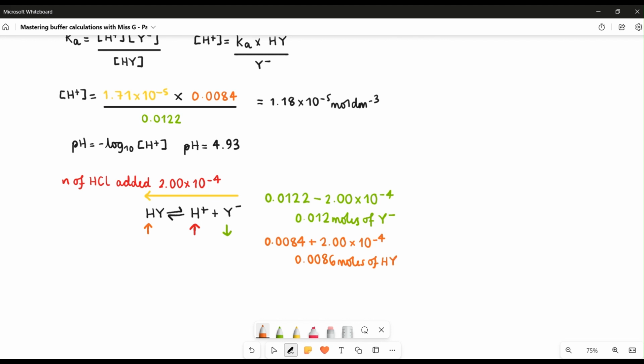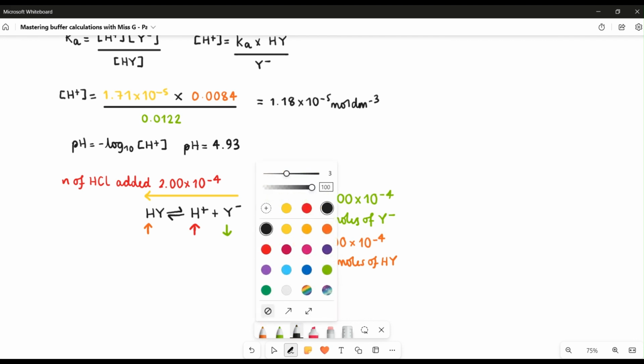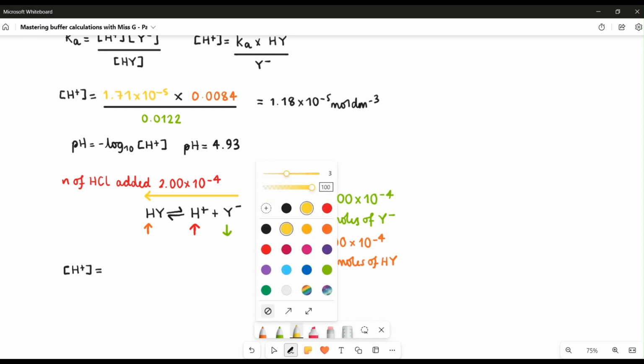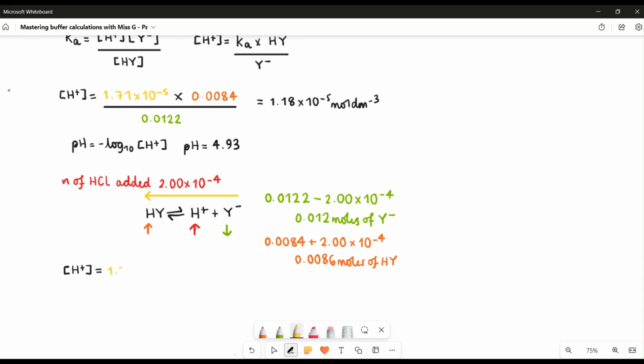And now that I have these new values for the moles, I can sub them back into our rearranged Ka expression. I'm not going to write out the Ka expression and rearrange it again because it is written just above. I'm going to go straight to the concentration of H plus equals the value for Ka, which hasn't changed, so 1.71 times 10 to the minus 5.